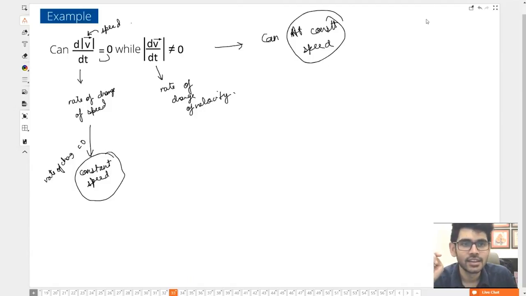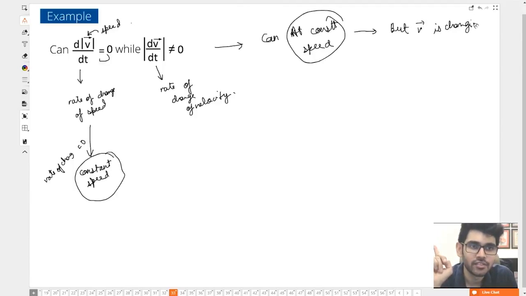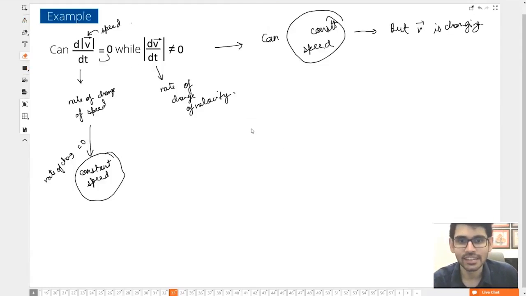So if a body is moving with constant speed, is it possible that velocity is changing? Velocity is changing but speed is constant. So basically this is what the question means in English language.